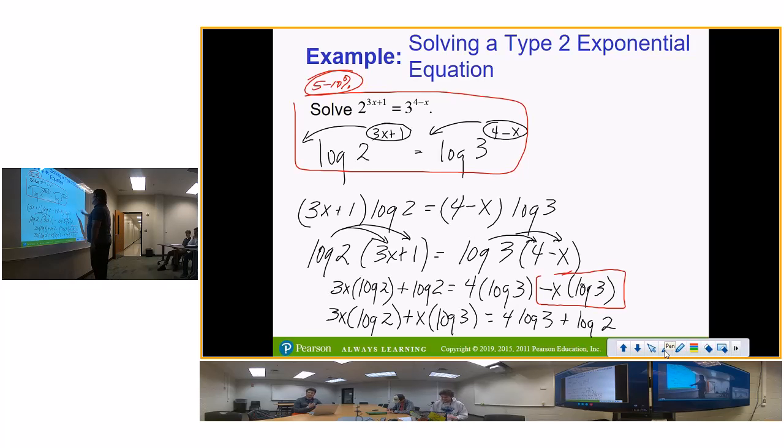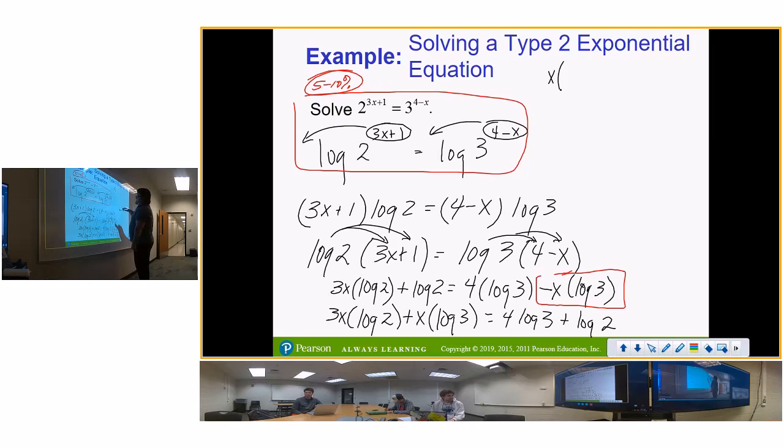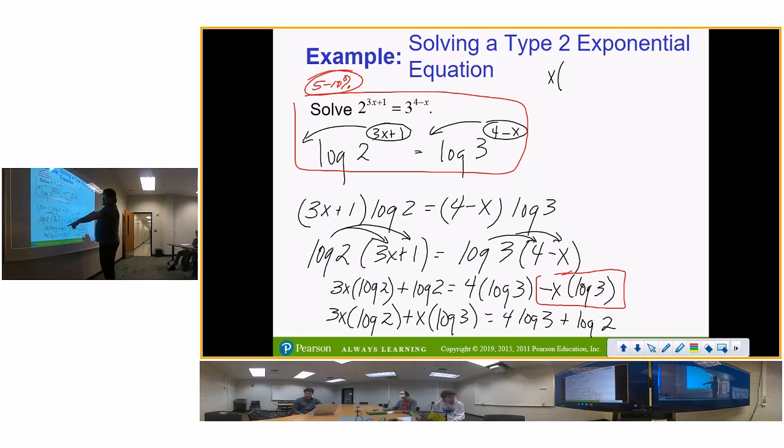That gives me x times 3 log of 2 plus log of 3 is equal to 4 log of 3 plus log of 2.